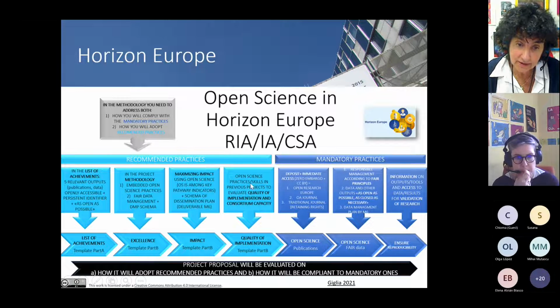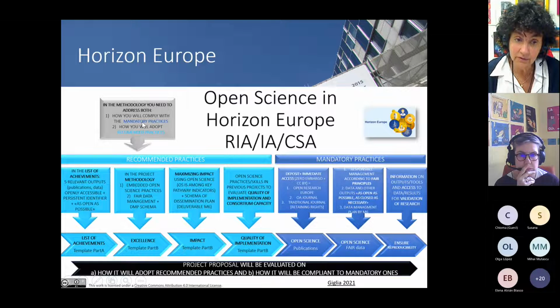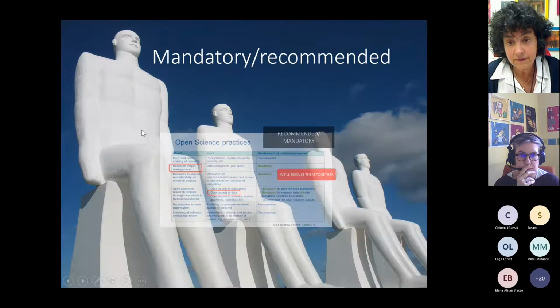As you can see here, you are evaluated on the recommended practices and the mandatory ones, okay? So in the methodology of your proposal, I say it again, you need to address both, how you will comply with mandatory practices, how you will adopt recommended practices.